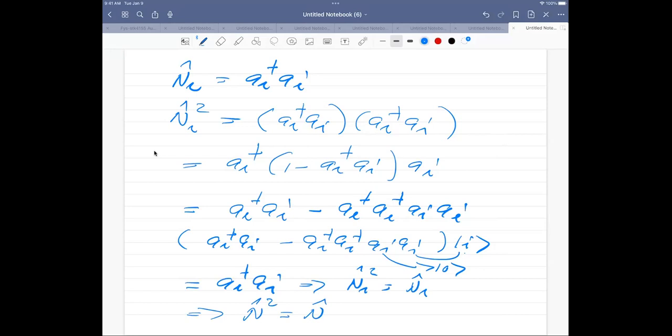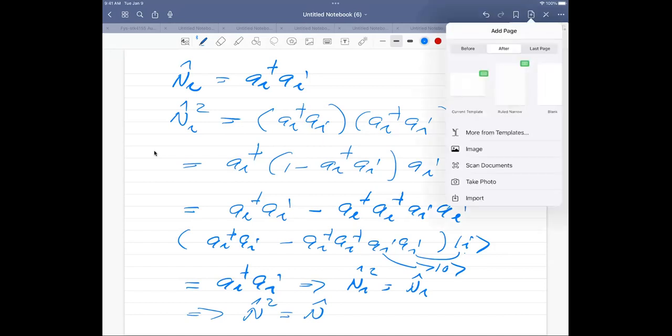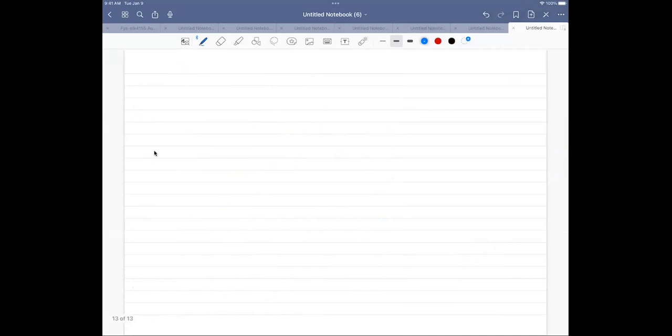Now, there are some other properties which are also useful, but I will leave them as a small exercise for you. One thing you can show is that if I take the commutation relation between N_i and N_j, this is equal to 0.